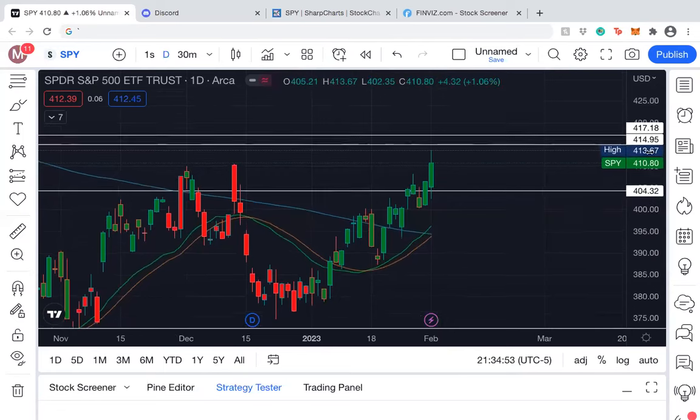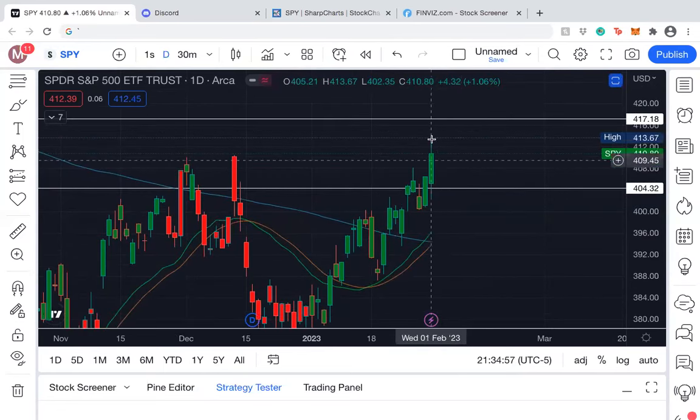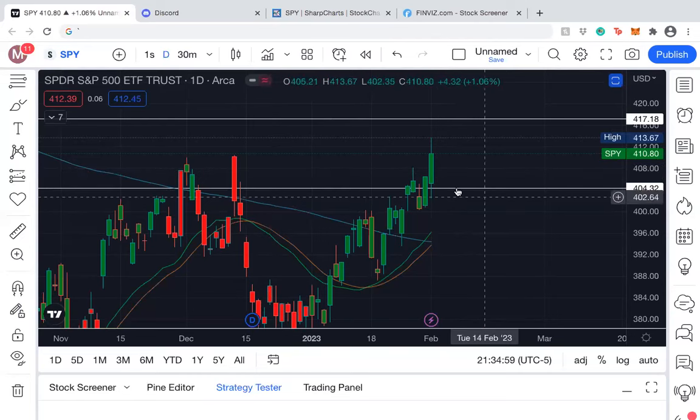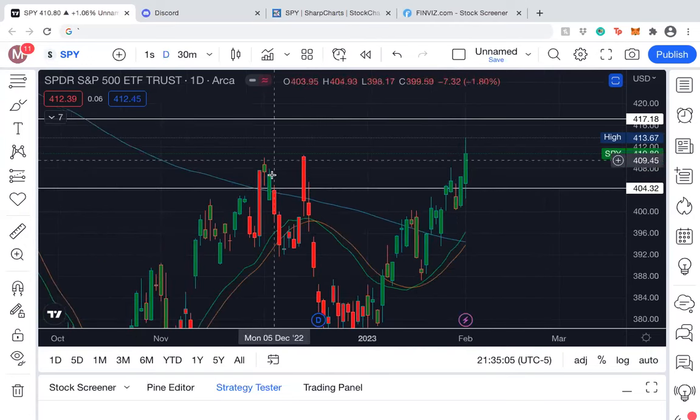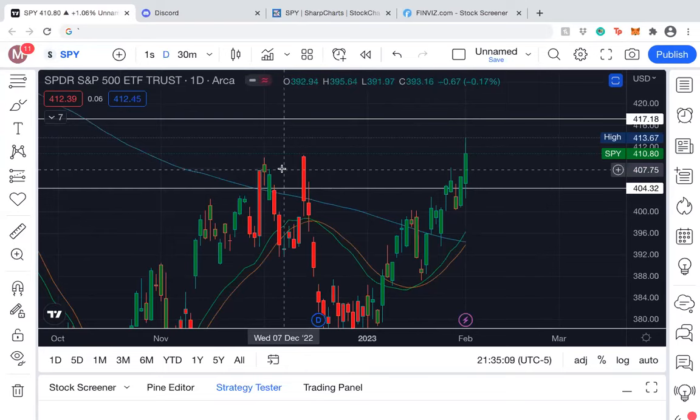I mapped out another one, 414.95. So really, the trend isn't going to change until it breaks the lower ATR. Breaking a little support here within a price channel doesn't change the sentiment. It just changes the price valuation. So that's also important to understand.